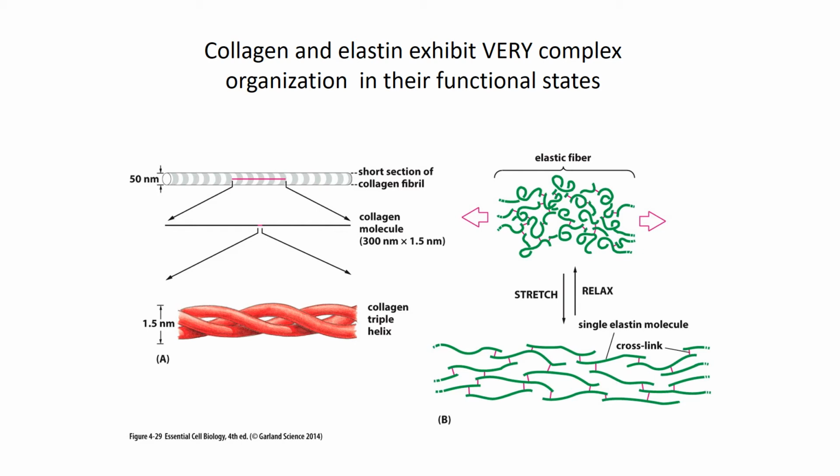Collagen gives a tremendous amount of strength to the tissue, whereas elastin allows the tissue to stretch and then recoil to its original shape. Both types of structural proteins consist of many subunits joined together in a very organized way, and that organization actually contributes to a higher order of organization in order for the function to take place properly.